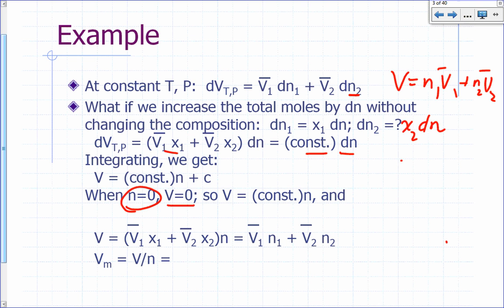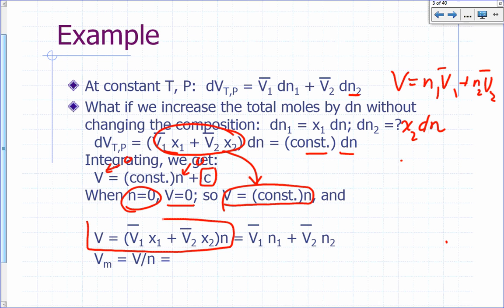So if you plug in 0 here, then your volume is 0. So that integration constant is just going to be 0. So we can say that V is just whatever that constant is times N. And that constant we showed earlier was V1 bar x1 plus V2 bar x2. So here we've just shown that volume is equal to V1 bar x1 plus V2 bar x2 times N.